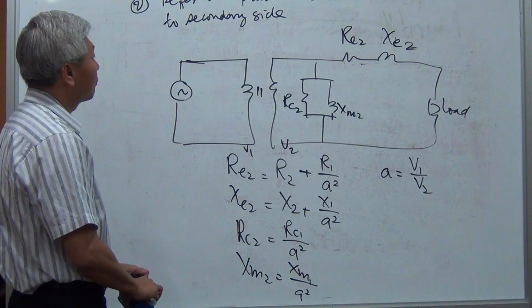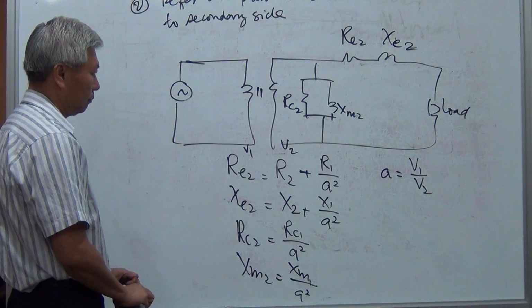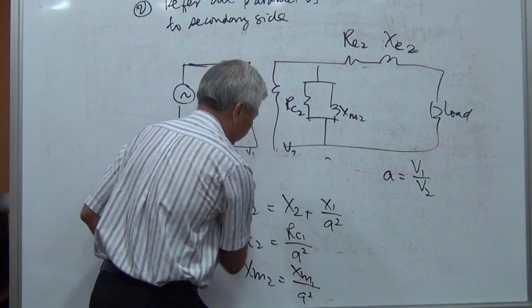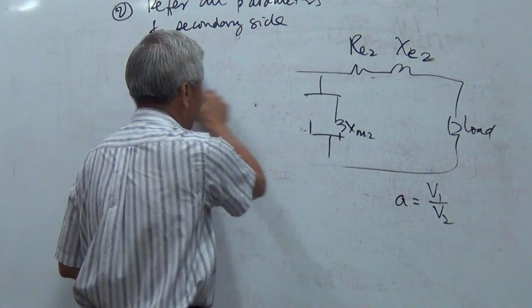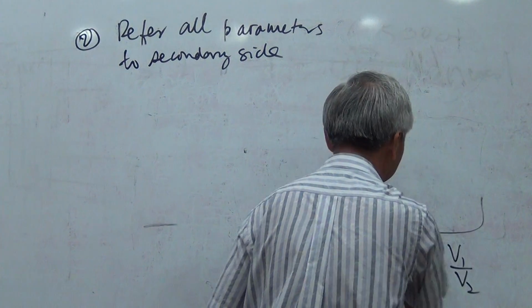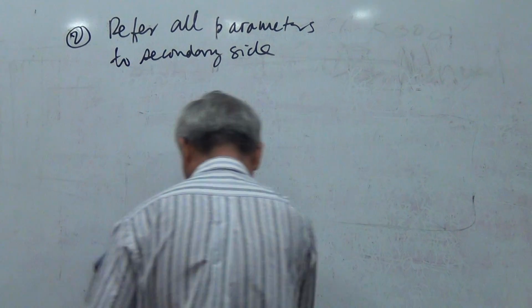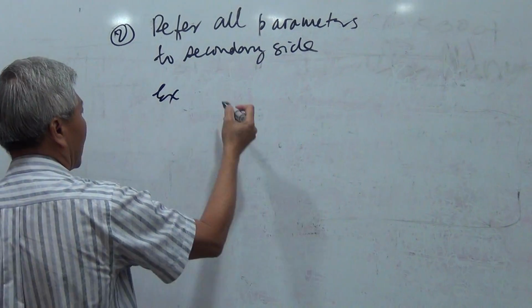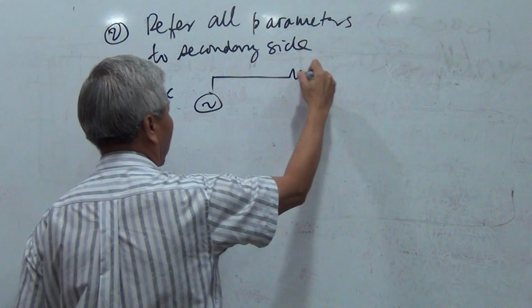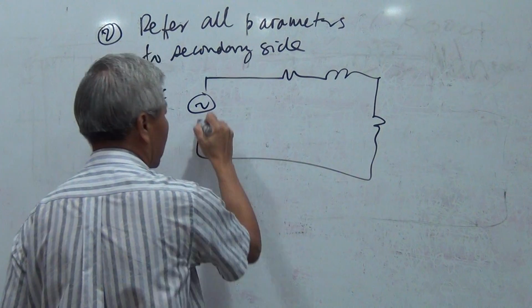So that is called referring parameters to the secondary side. Now let us practice on numbers, because basically when we do numbers, we are more familiar with the concept. Right, so if I have an exercise, okay, and I have a circuit here, I have this, I have this, I have this.